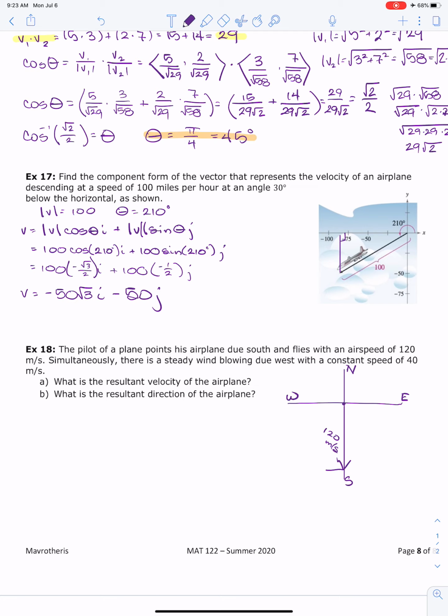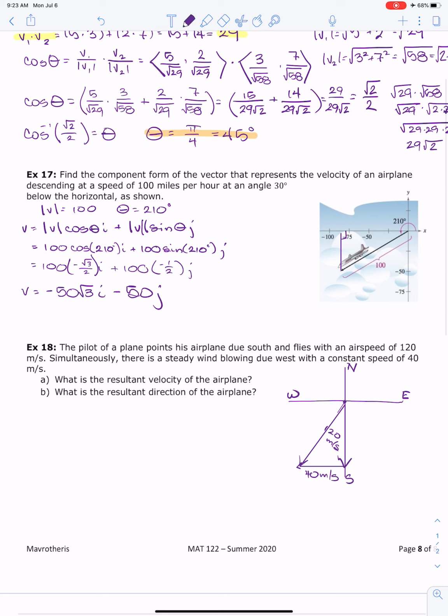Due west at 40 meters per second. And so that force is working constantly on our airplane. Okay. And so our resultant vector is this one right here.